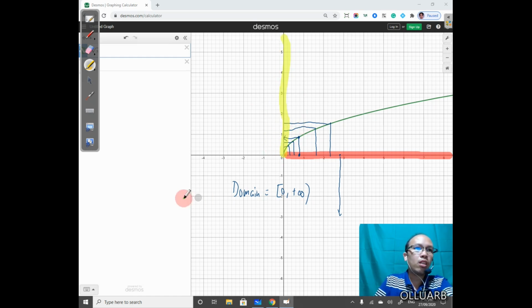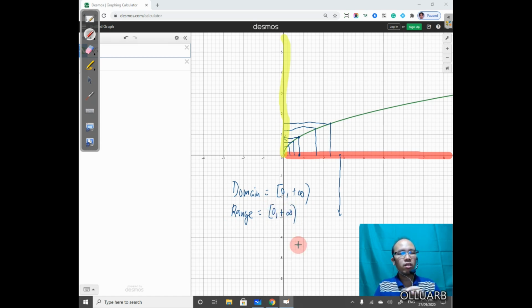So meaning to say, the range of this equation, y is equal to square root of x, is again from 0 to positive infinity. That's how you will visualize or get the range of the equation y is equal to square root of x.